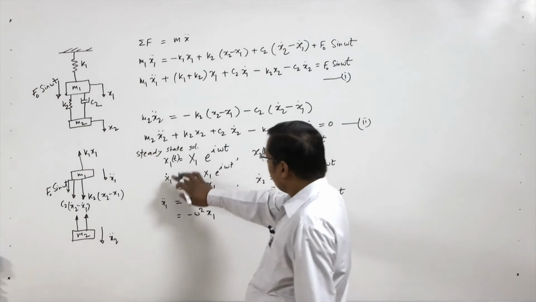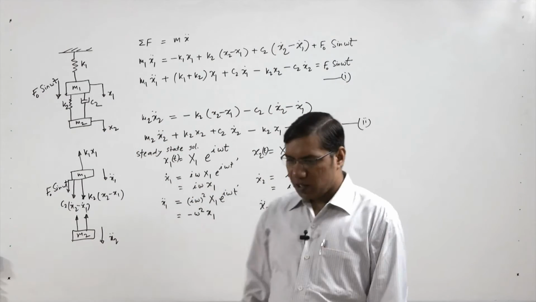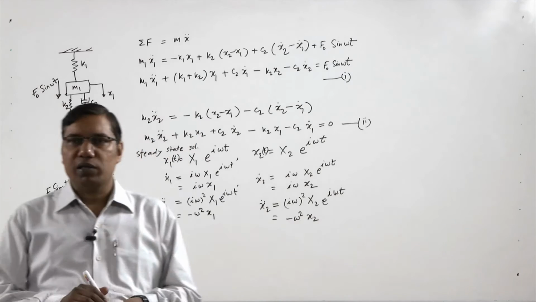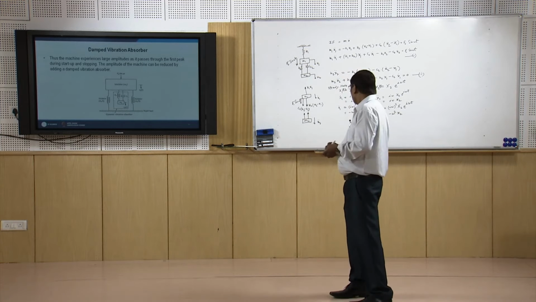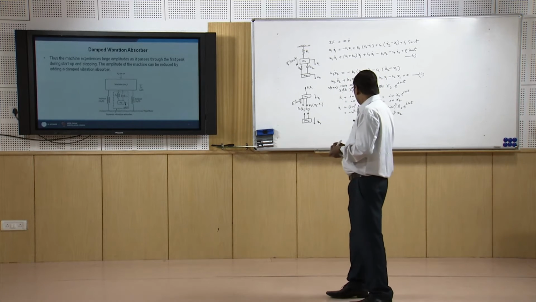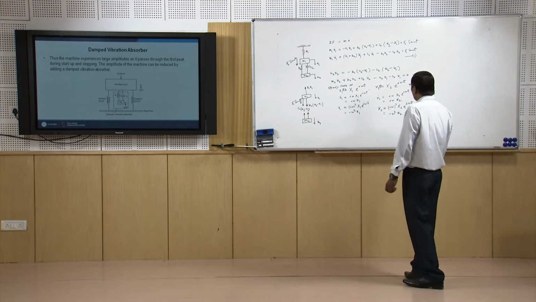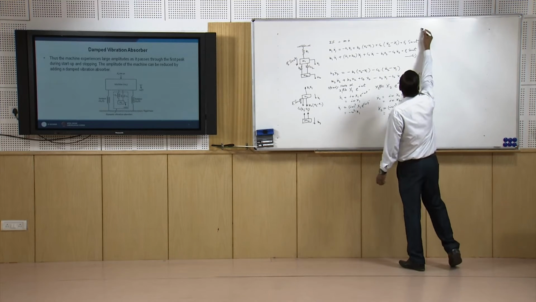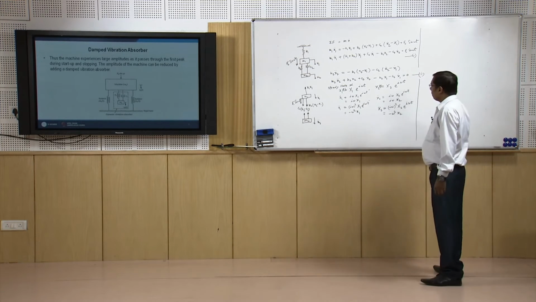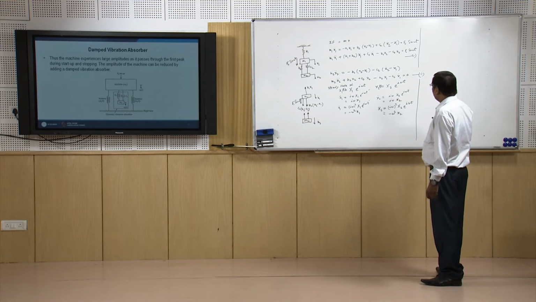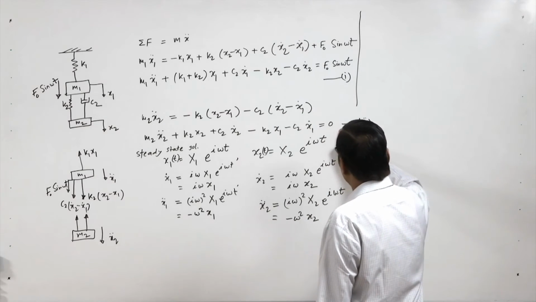Now we have x1, x1 dot and x1 double dot. Now we can put these values in these two equations, and we can find X1 and X2. So first we put in equation number 2.